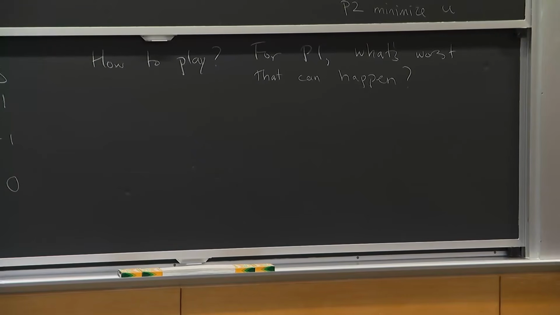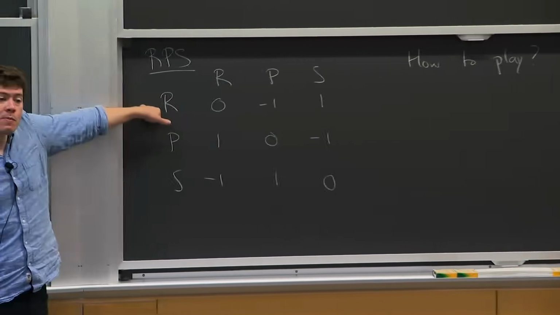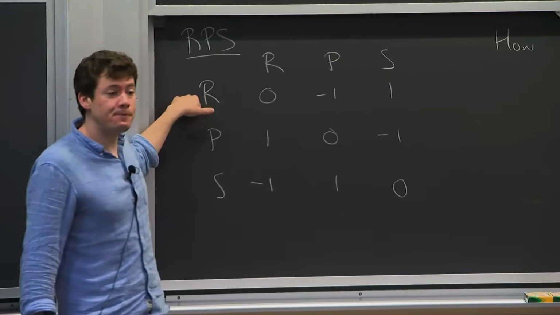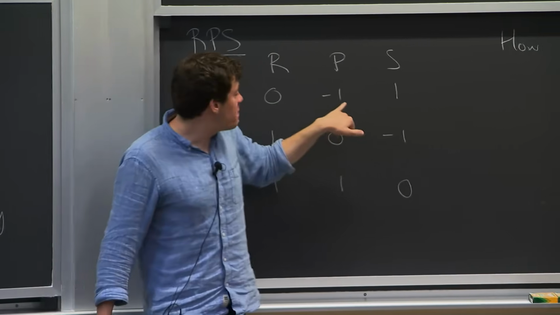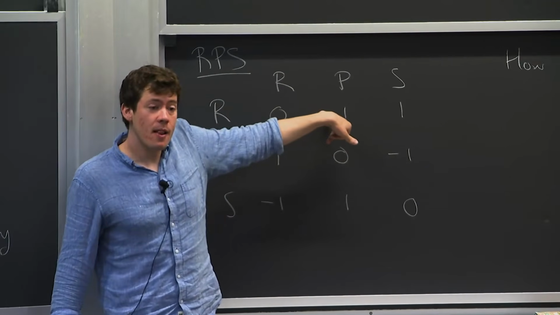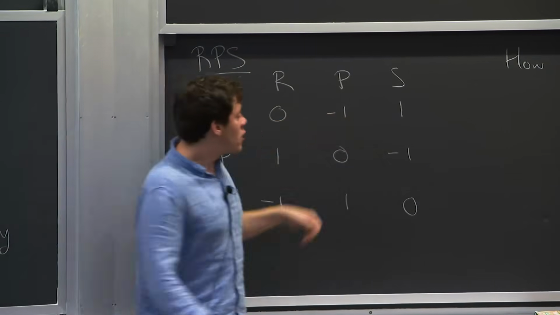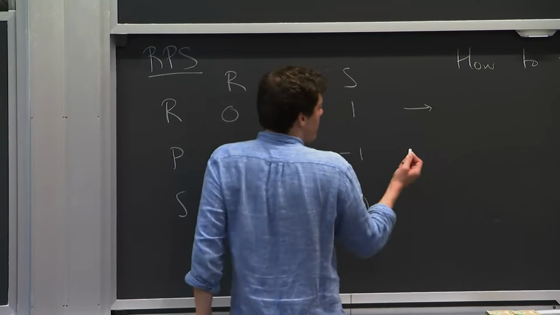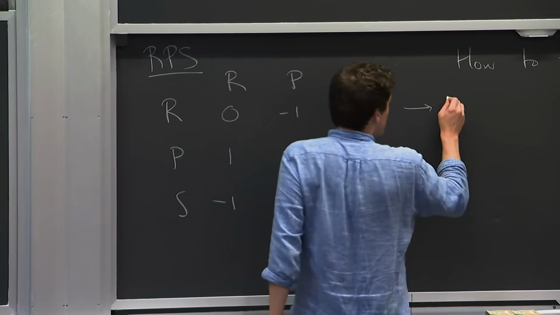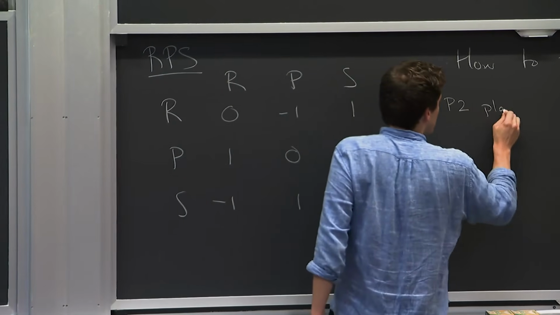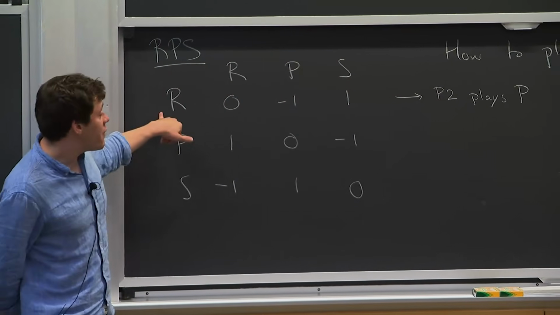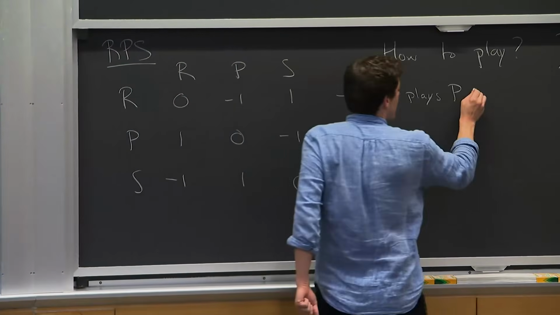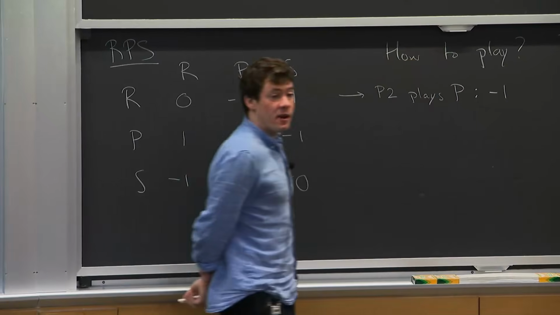So let's say I play rock, and I'm player 1. What's the worst thing that can happen? Well, player 2 could play paper, and they would beat me, right? So the worst thing is player 2 plays paper, and my payoff, therefore, is -1.